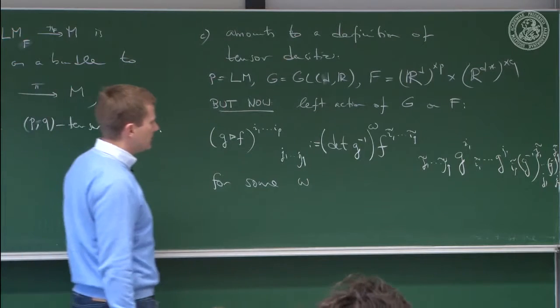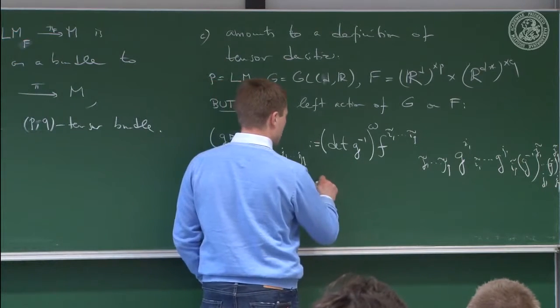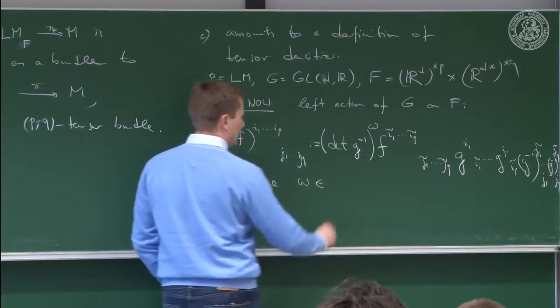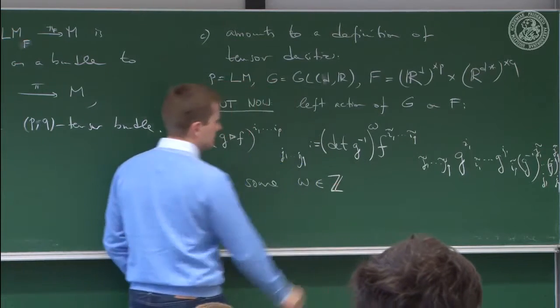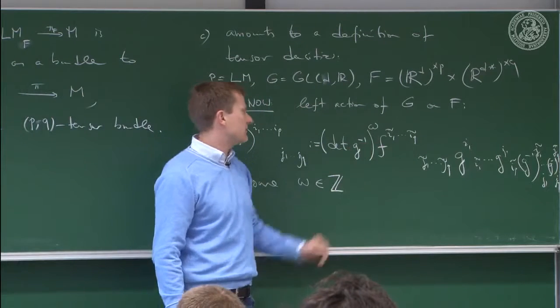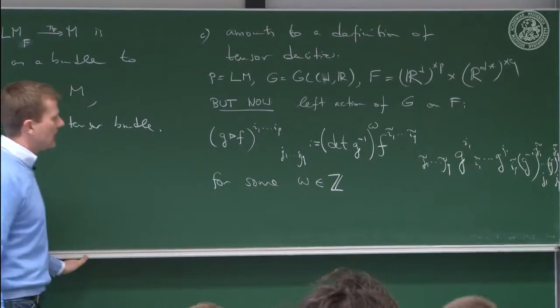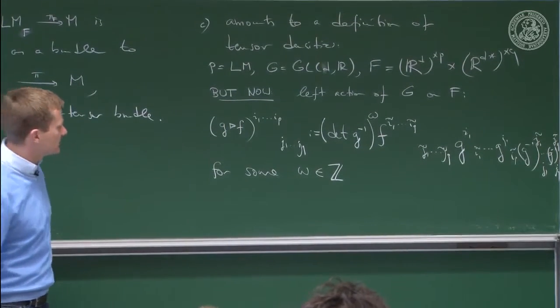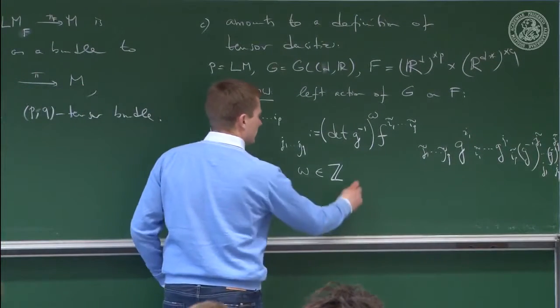And traditionally one would probably choose this to be an integer in Z, but some people now also consider arbitrary numbers, at least in Q or in R here, but let's stick to some omega in Z.